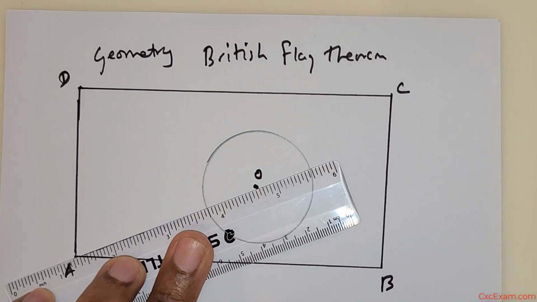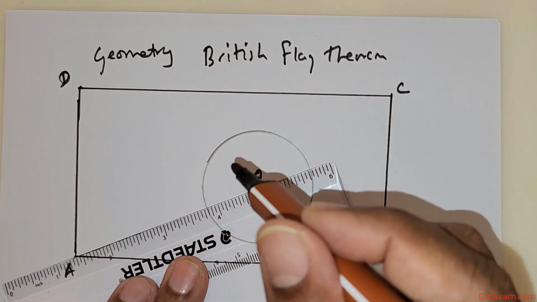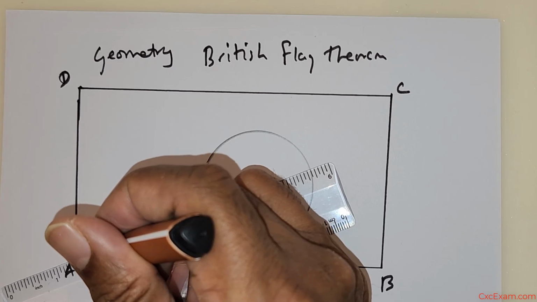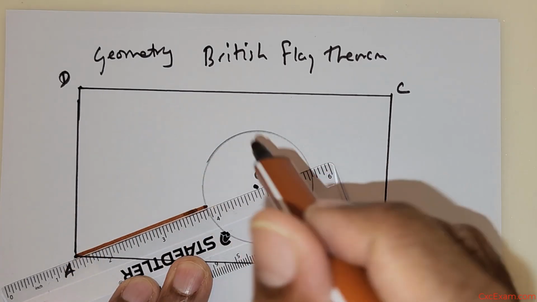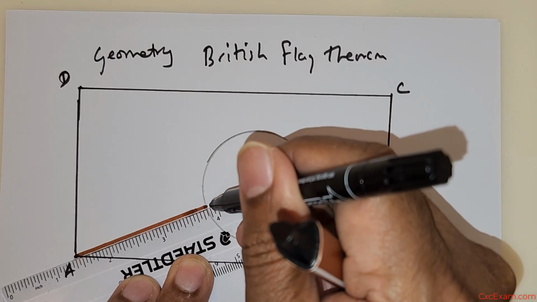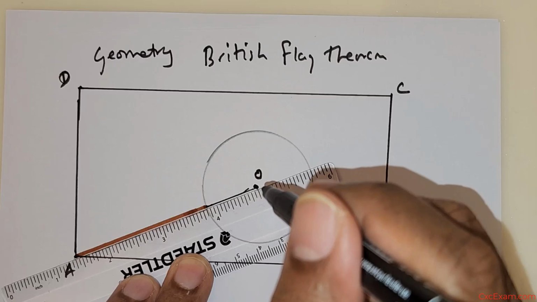Okay, so let me have the connectivity from A. It goes all the way to the circumference, and then I will connect this by means of a black line.